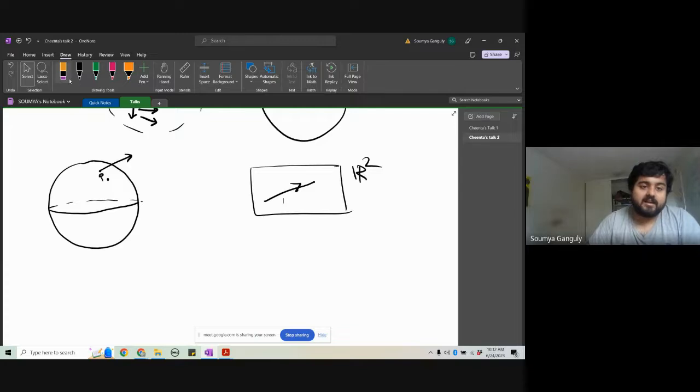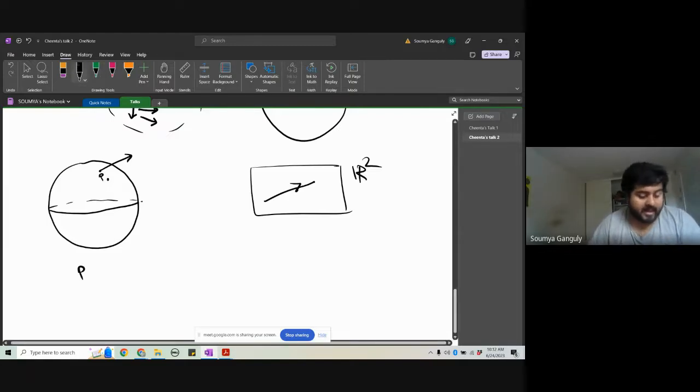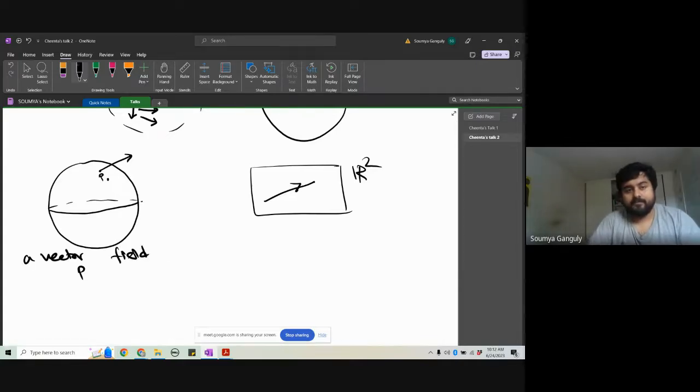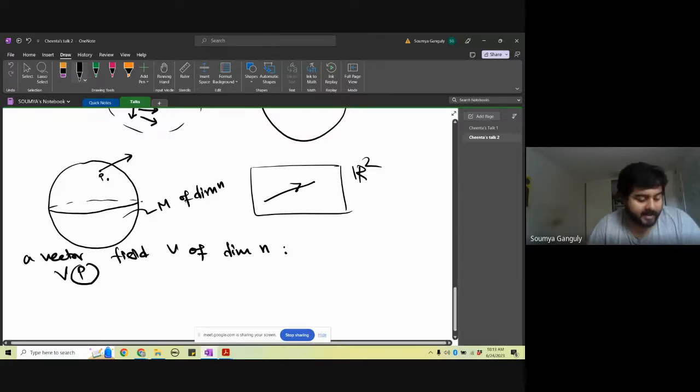So basically, now we have a point P and a vector field V of dimension n. Dimension of a vector field basically means the dimension of the vector space at this point. If you have a manifold M of dimension n, then at the point P, Vp will look like directional derivatives, right?